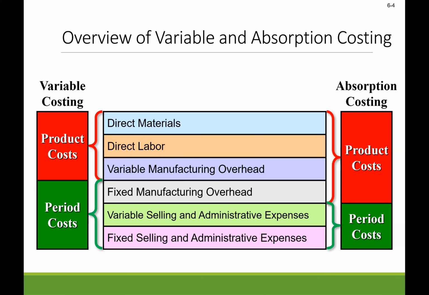The direct materials, direct labor, and variable manufacturing overhead will be used for product costs. And then for period costs, we've got the fixed manufacturing overhead, variable selling, and fixed selling. So basically what you see is the fixed manufacturing overhead in absorption costing is a product cost. In variable costing, it's going to be a period cost.